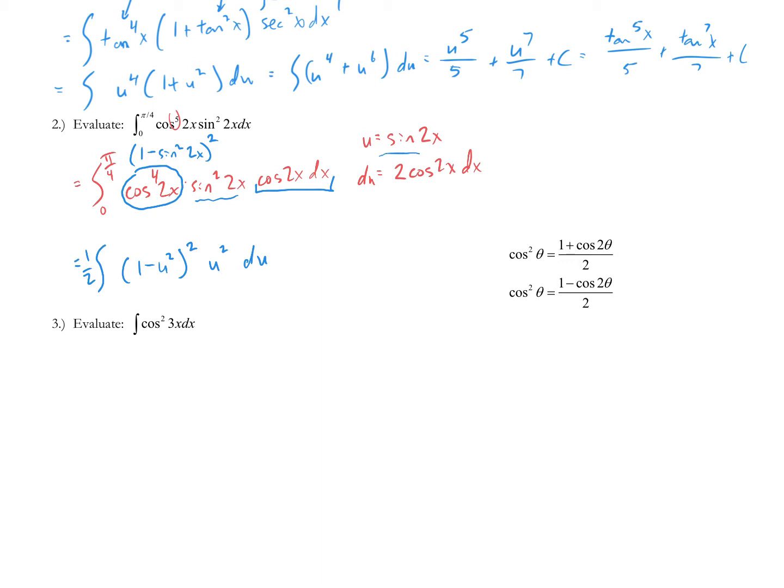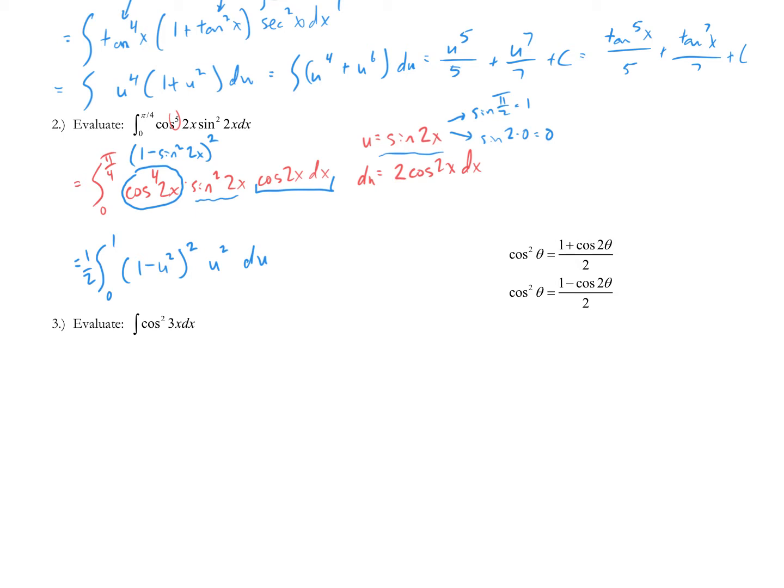Well, let's go back to our substitution. The sine of 2 times 0, or the sine of 0, is 0. And then the top bound, the sine of 2 times pi over 4 is the sine of pi over 2, the sine of 90 degrees, which is 1. So our new bounds, our u-bounds, are 0 to 1.